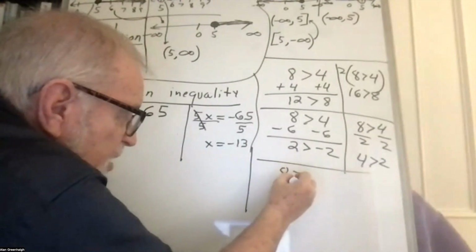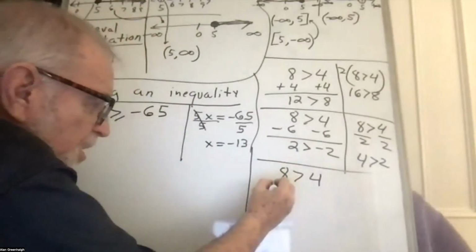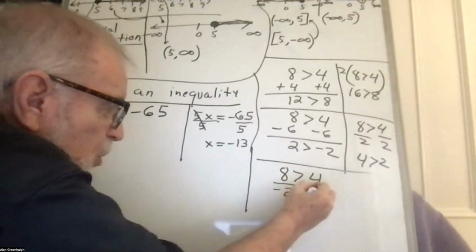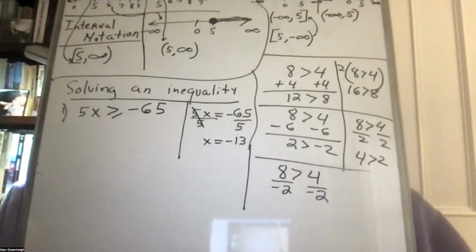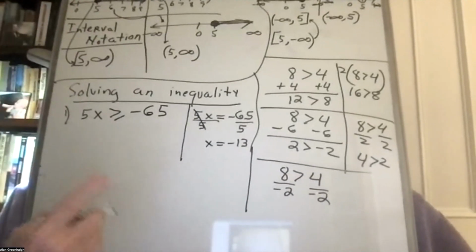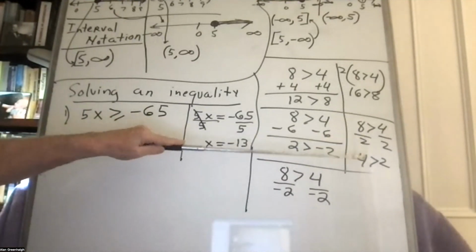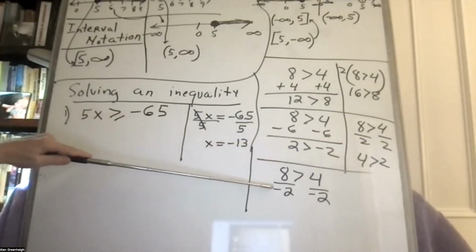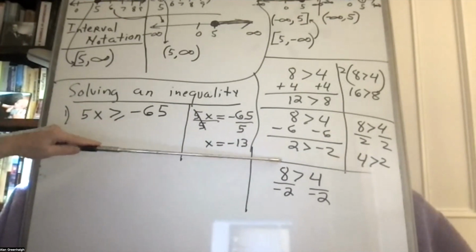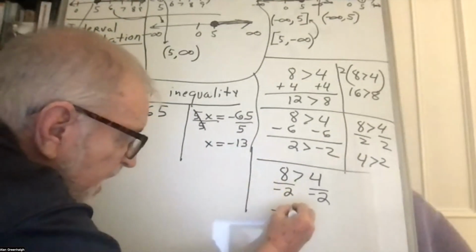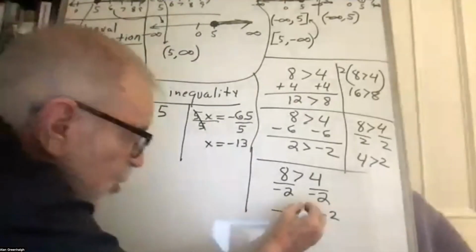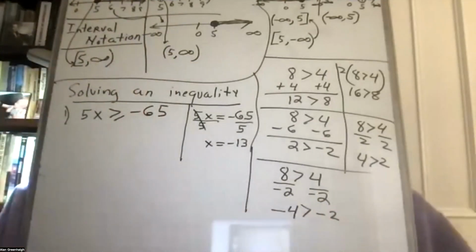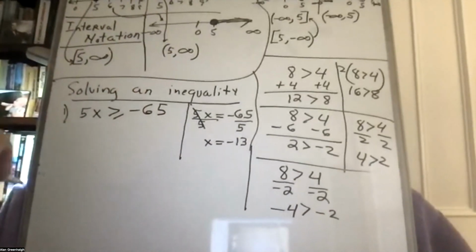Because if 8 is greater than 4 and we divide by -2, not +2, like here we divided by +2, it looked pretty good, but what if we divide by negative numbers? What happens? Well, this becomes -4, this becomes -2. Is it still true that -4 is greater than -2?